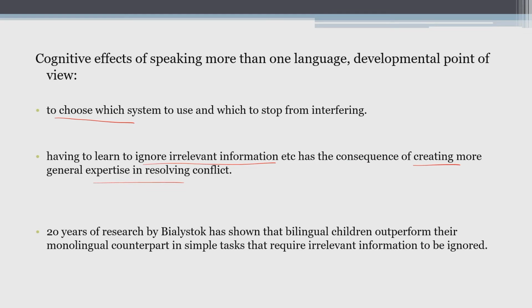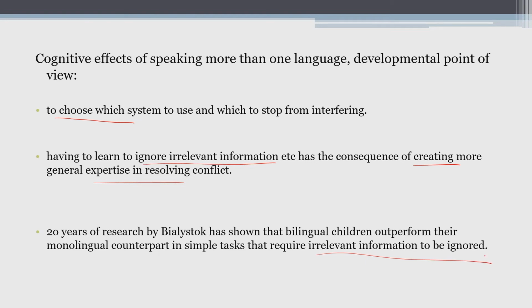Now, Ellen Bialystok's research of many decades has shown that bilingual children outperform their monolingual counterparts in simple tasks that require cognitive control, that require irrelevant information to be ignored.